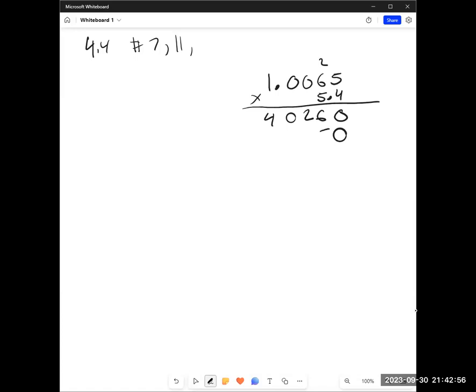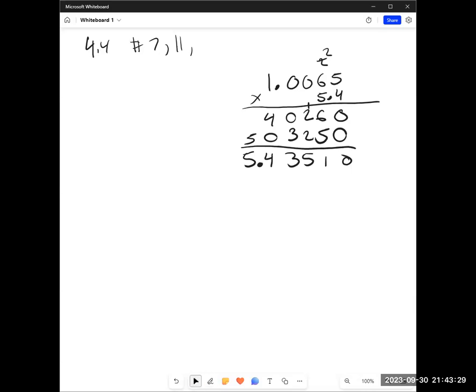Slide over. 25, 32, 0, 5, 0, 11, 5, 3, 4, 5. And I have 5 decimal places: 1, 2, 3, 4, 5. The decimal goes there. That makes sense that I have a number a little bit bigger than 1, so my answer should be a little bit bigger than 5.4, and it is.